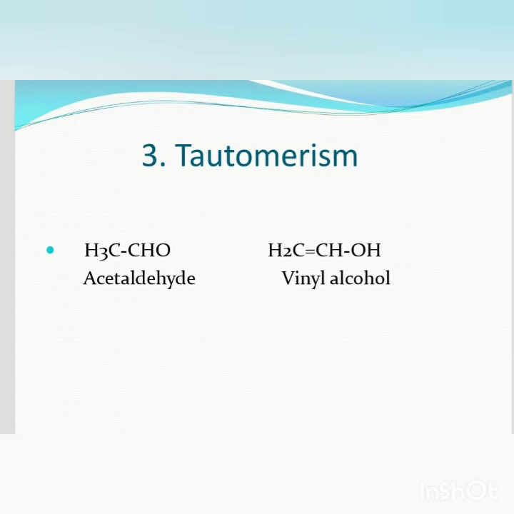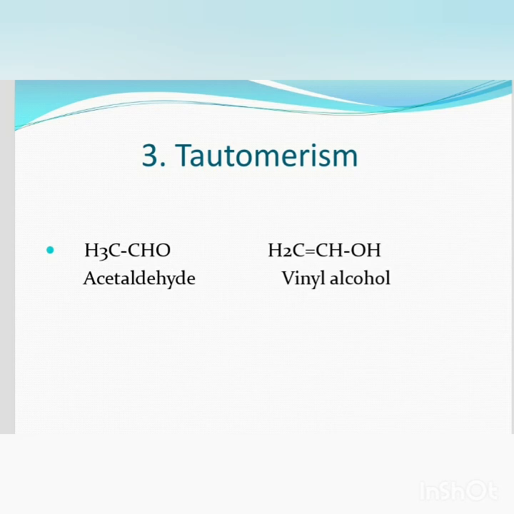Here the keto form is acetaldehyde and the enol form is vinyl alcohol. The common formula is C2H4O. For example, acetaldehyde and vinyl alcohol are tautomers.